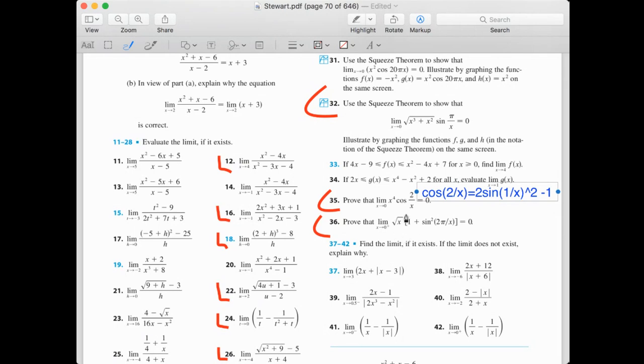The first part is just 0, because the square root of x is polynomial-like, so we can plug in 0. All we have to deal with, just like Sophia is saying, is the limit as x approaches 0 from the right of the square root of x times sine squared 2 pi over x.